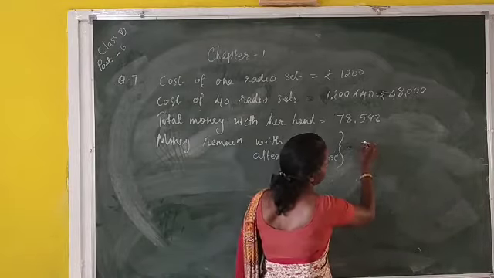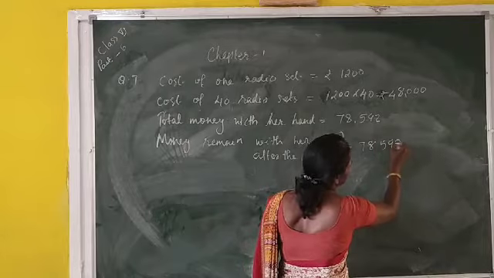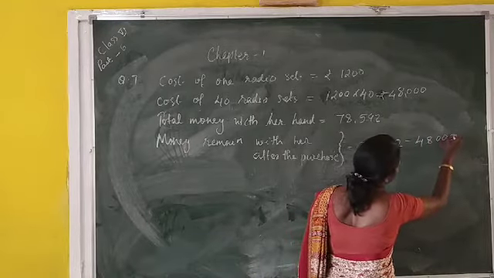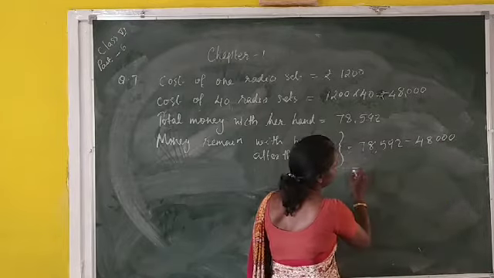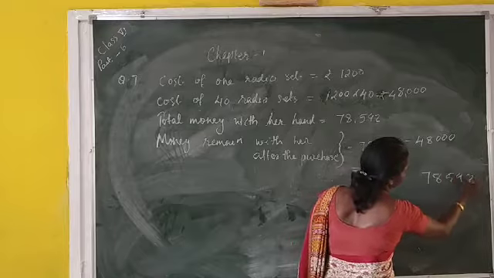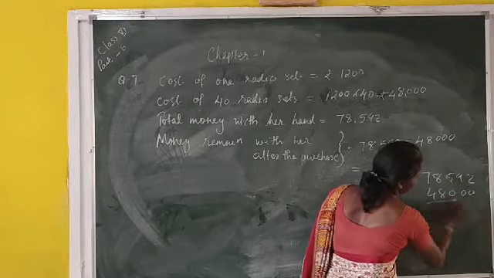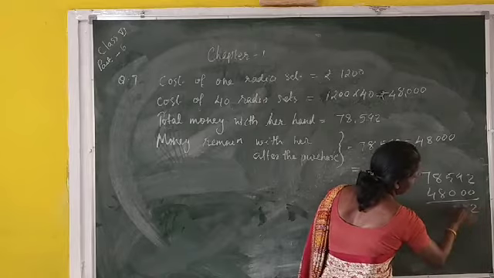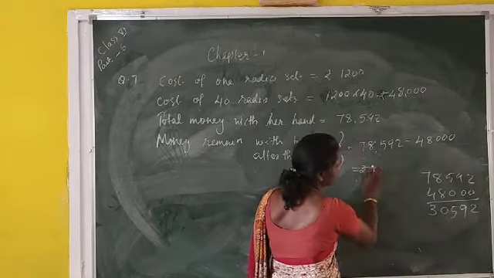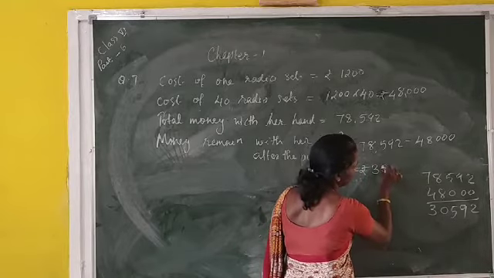Then 78,592 minus 48,000 is equal to, look, 29,503.